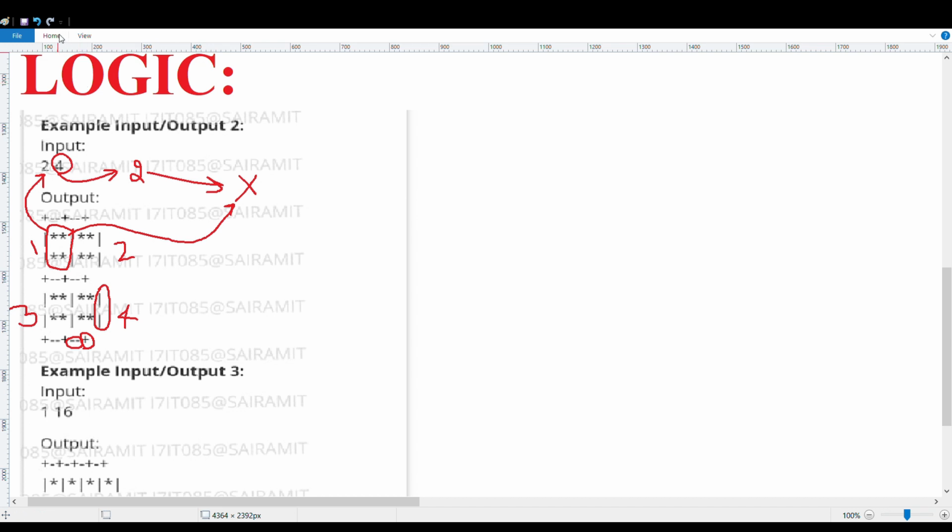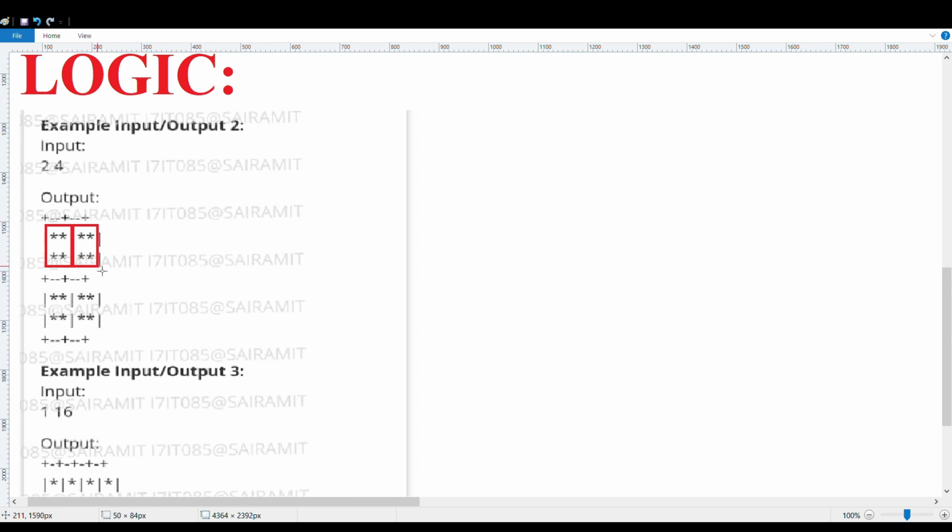So this will be like a 2 cross 2 matrix, here one, another 2 cross 2 matrix, and another 2 cross 2 matrix. And this is put inside a matrix.